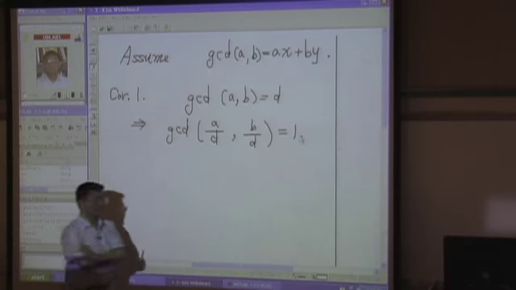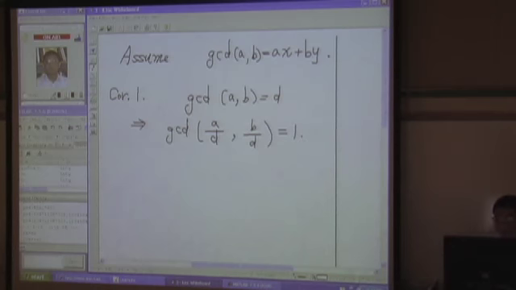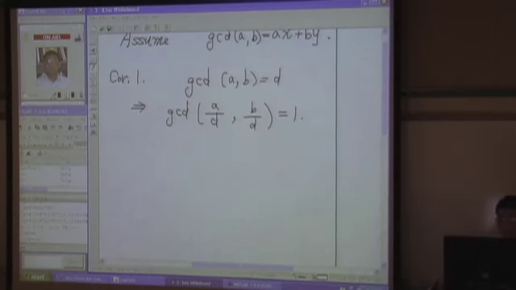So let's do it. GCD of A, B is D. So GCD of A, B is what? AX plus BY, if I write the mathematical expression, and this is D.